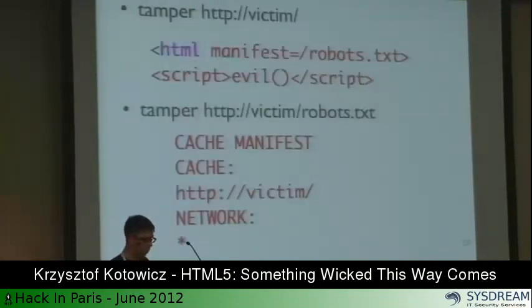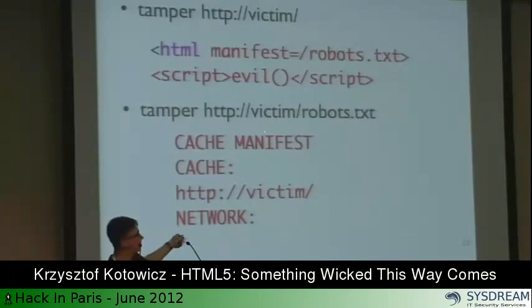So what I did while man-in-the-middling Bob, I appended the manifest pointing to a robots text file and appended the evil script. Also, I tampered the robots text that was requested by the browser because of this entry. And this is the poison.